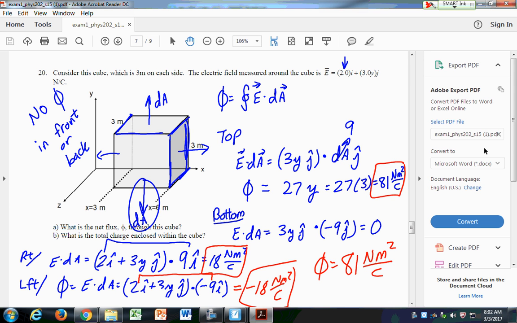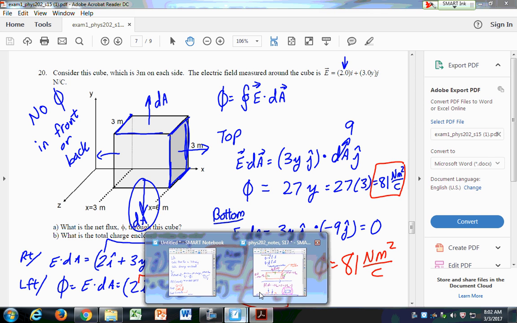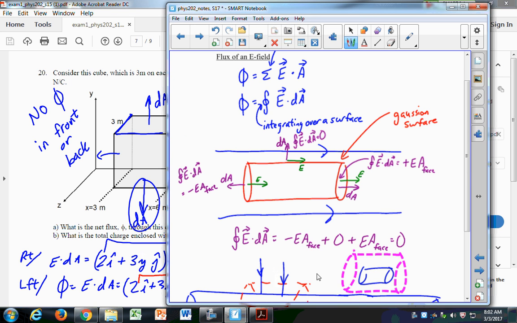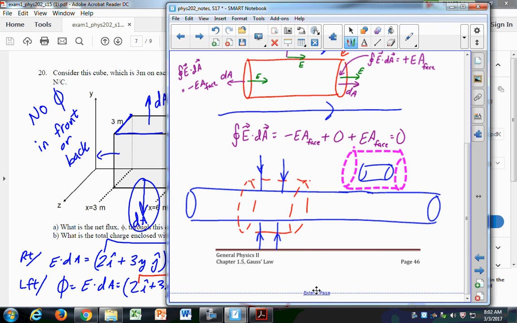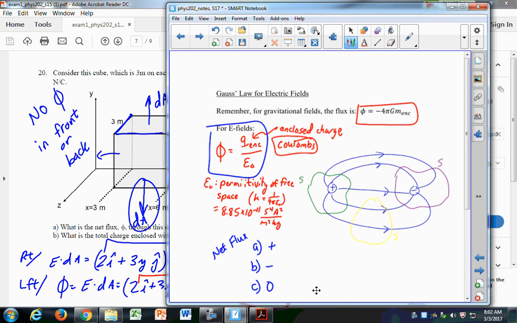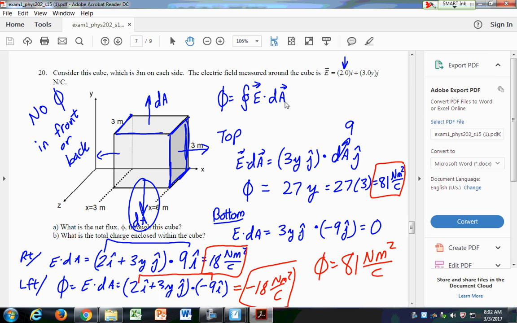And then once you find the total flux, if you want to know the charge enclosed within the cube, then you go back to your Gauss's law. Our flux is equal to our enclosed charge divided by epsilon naught. That's a constant.